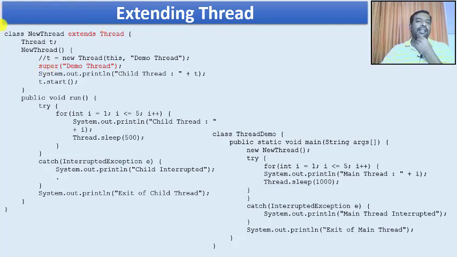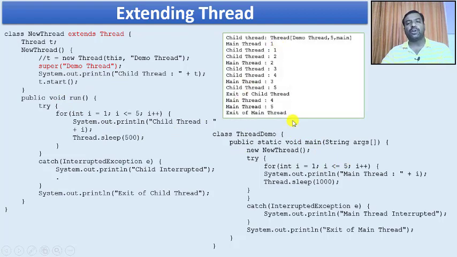Hence, instead of saying new Thread, I'm going to call the superclass constructor. This is one more change if you are extending a thread using the Thread class. Clear? And everything else remains the same. Hence I'm going to get the same set of output.